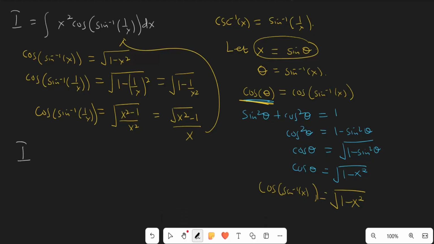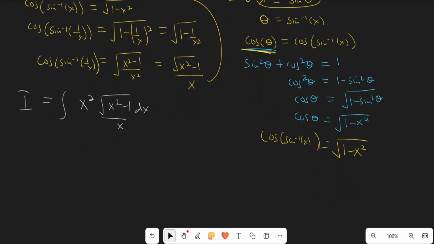Our integral is equal to the integral of x squared times the cosine of the sine inverse of 1 over x, which I can replace with this, dx. And this will cancel one of the x's at the top, leaving the integral of the square root of x squared minus 1 times x dx.